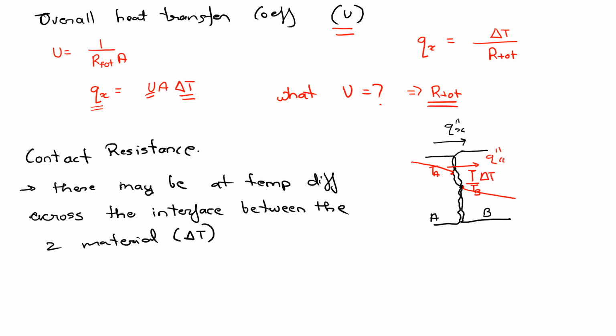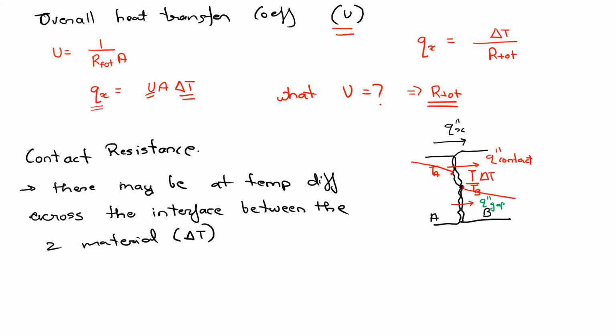Okay, so there will be some heat flowing through this contact. Let's say it's Q contact, and this will be mostly due to conduction, and there will be some heat flowing through the gap. So let's say this is heat flux through the gap. Now this will be due to convection or the air gaps between the surfaces.